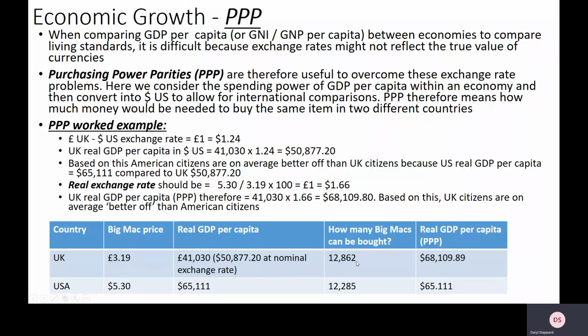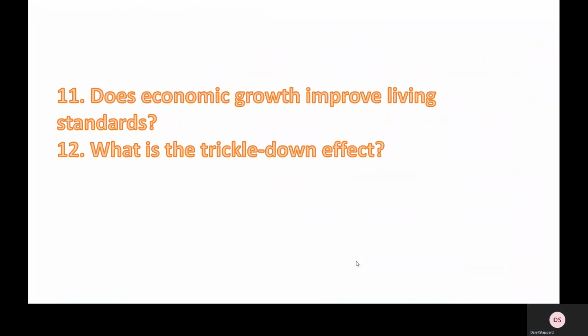So the average Brit can buy 600 more Big Macs per year with their £41,000 than what the average American would be able to. Now, what this therefore means then is that £41,000 average wage in Britain will buy more in Britain than what $65,000 would do in America. Now, based on that, then we would say that the average British person is better off than the American people once you work out the real exchange rate.